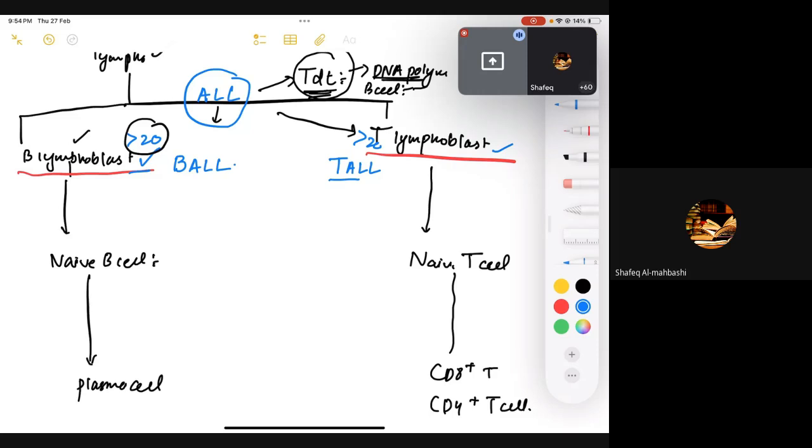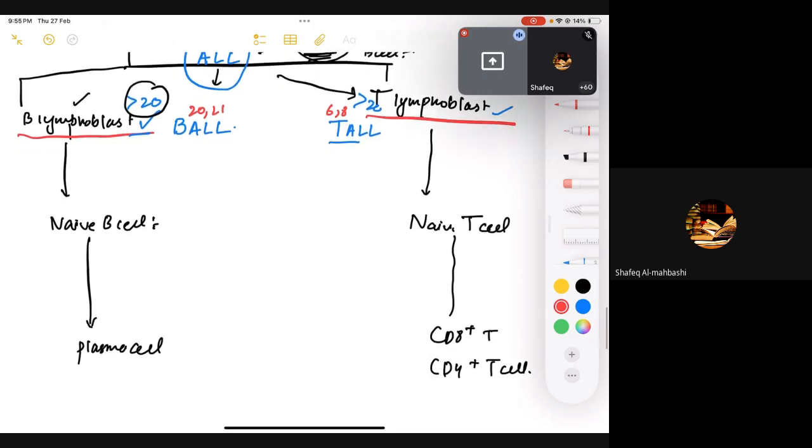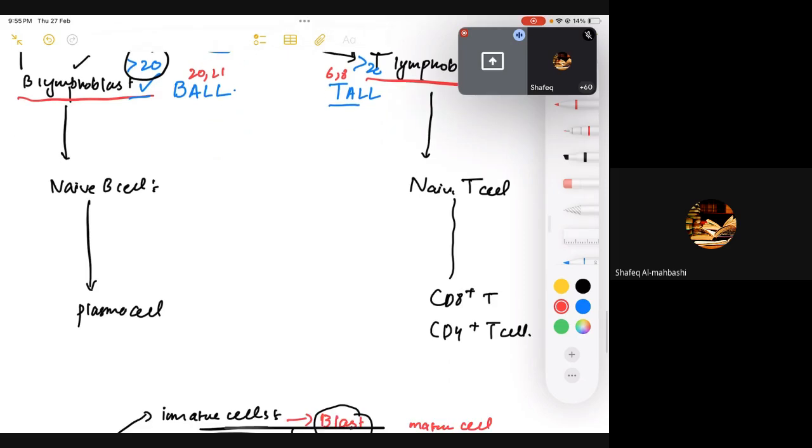Is that clear? So this should be your differentiating feature. How should I know it's B-ALL? How should I know it's T-ALL? Just look for the surface marker: 20, 21 versus 6, 8, small numbers. So this was all about your B-ALL and T-ALL.